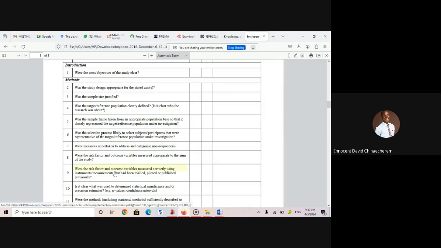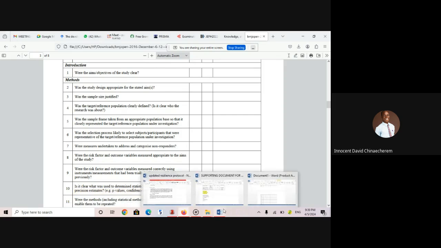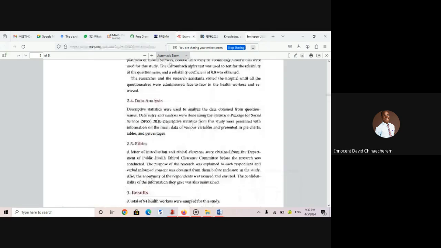If you look at the checklist, they are asking you here, is it clear what was used to define statistical significance or precise estimate? So if you look at mine, you see that there is none. I just use what we call descriptive statistics and percentages, right?